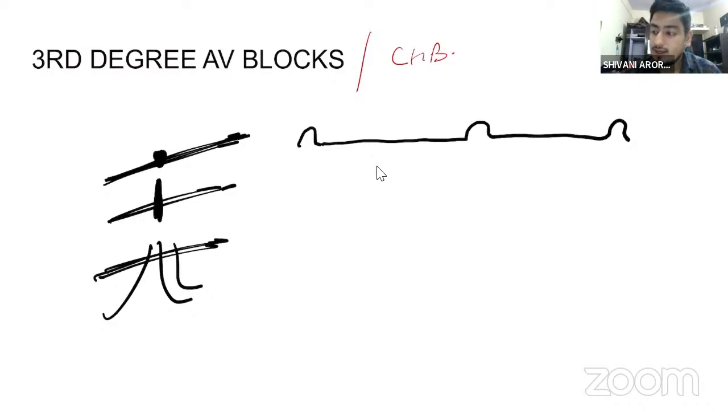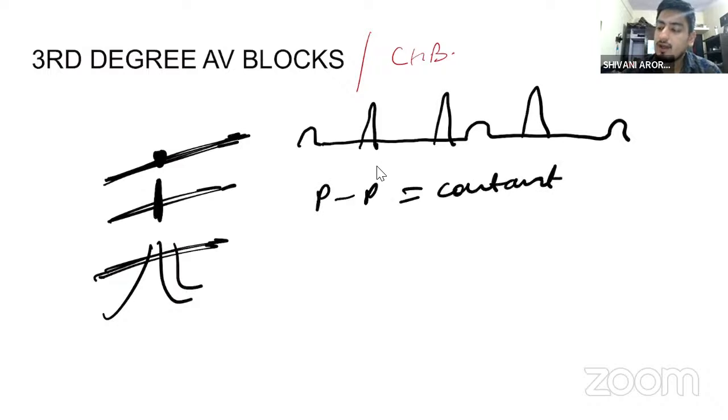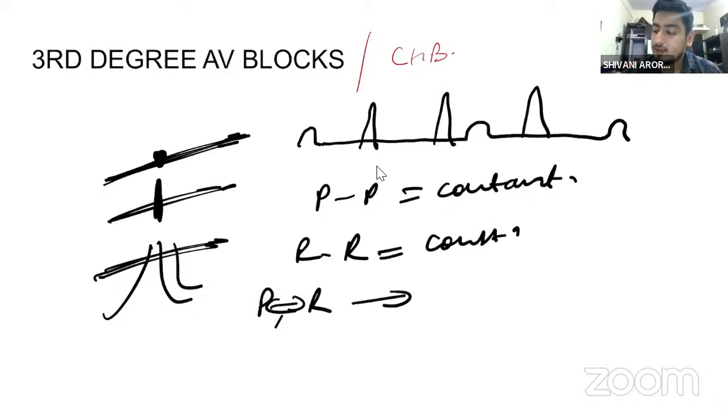So we have QRS in between, but there would be no relation between the P wave and the QRS complex. There would be PP interval constancy and RR interval constancy, but P and R don't have any relation. This is known as AV dissociation.